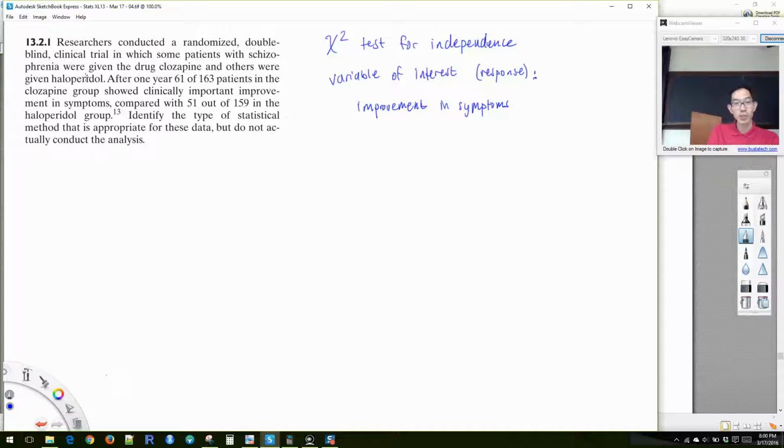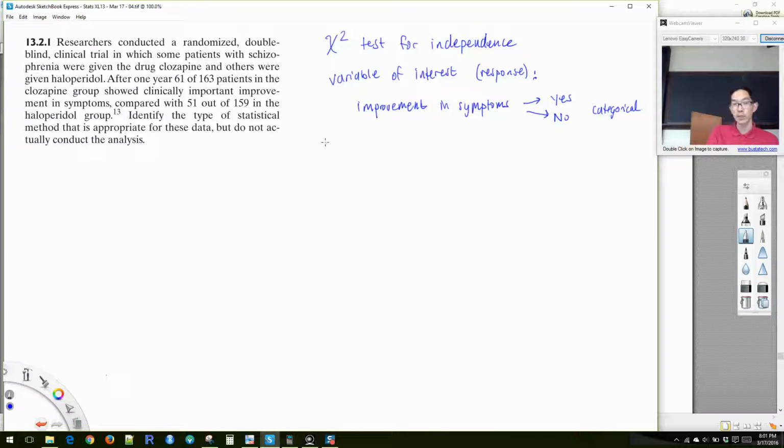It's recorded as categorical: showed clinically important improvement in symptoms or no. So basically, this is a yes, improved, or no, did not improve. So this is categorical. And what do we want to see? We want to see if the two drugs make a difference in improvement.